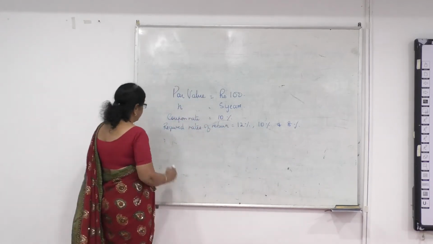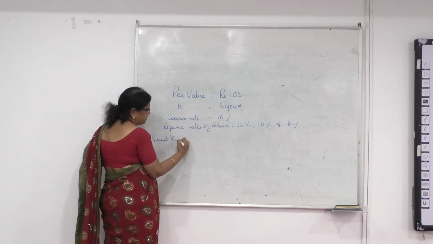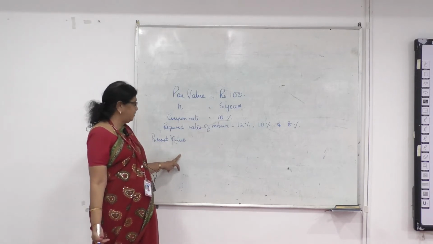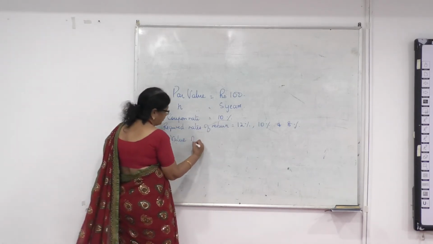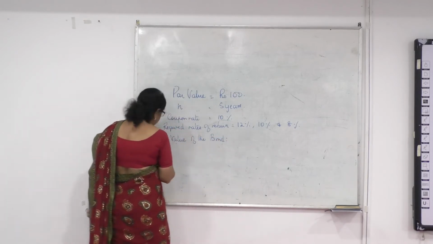Now how do we calculate the present value? As you all know, we have the present value tables with the help of which we will be able to arrive at the present value of the bond under these three hypothetical situations.